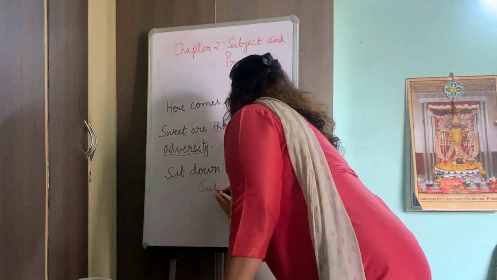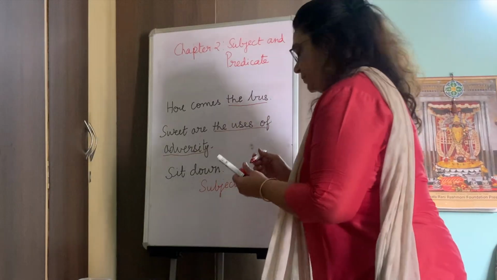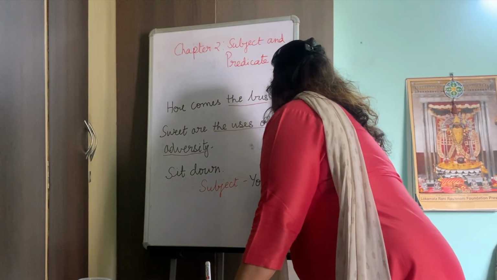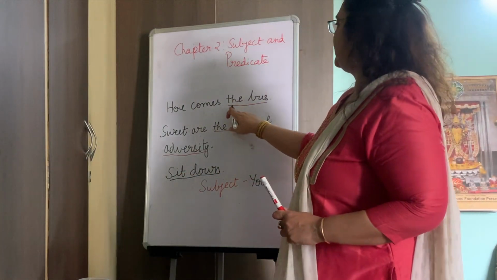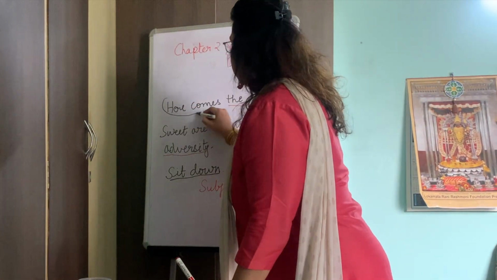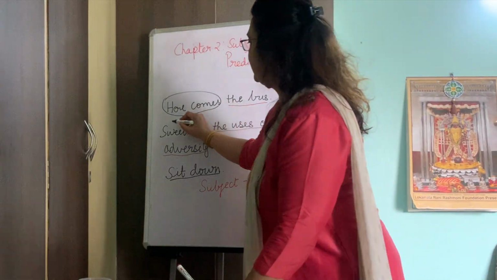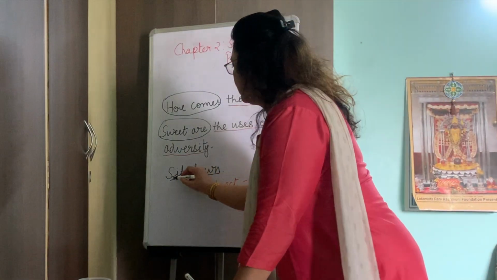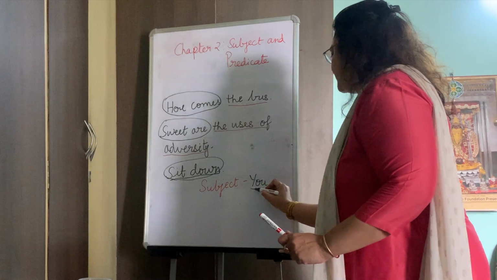The subject will be you, and the rest is the predicate, because it is being told directly to you. Here the subject is the bus and the rest, here comes, is the predicate. The uses of adversity is the subject and the rest is the predicate. Here sit down is the predicate and you is the subject.